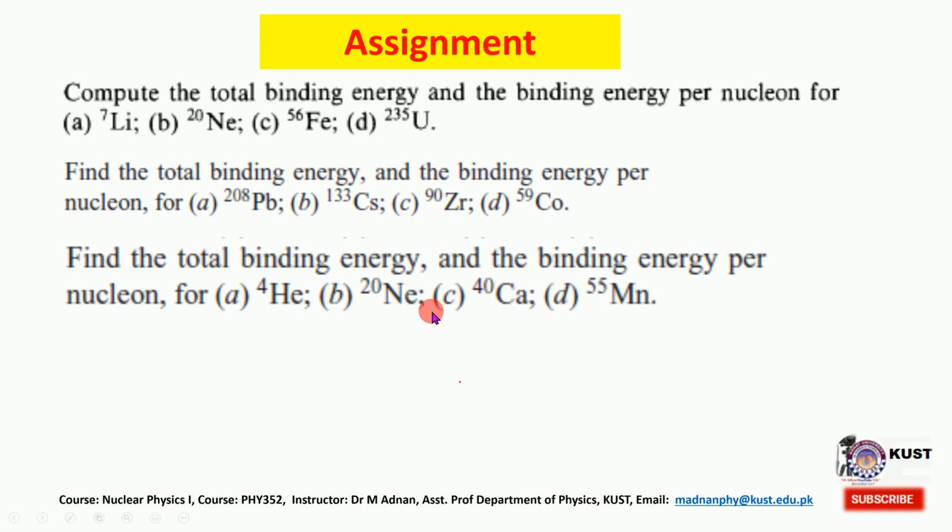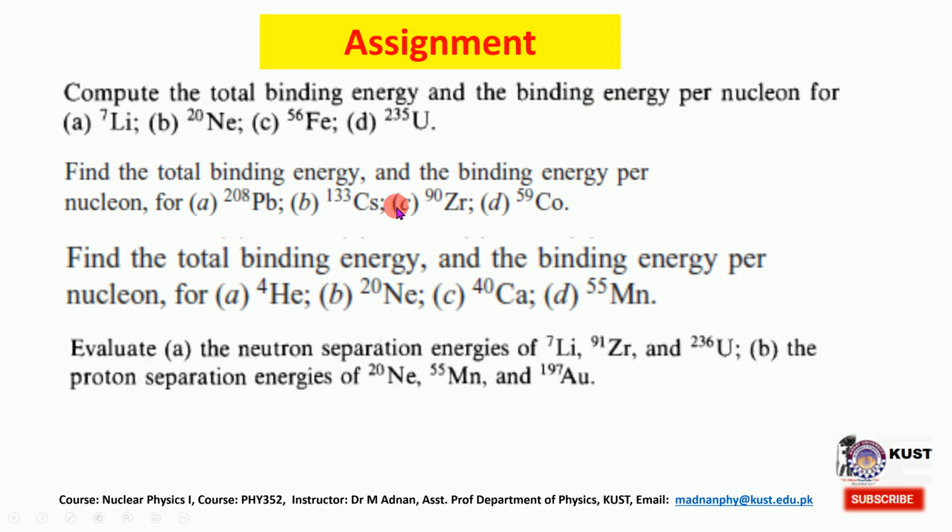This is the third problem on the binding energies. These three are taken from your course book. You need to just find out and verify the trend that these elements are showing with respect to the binding energy per nucleon.